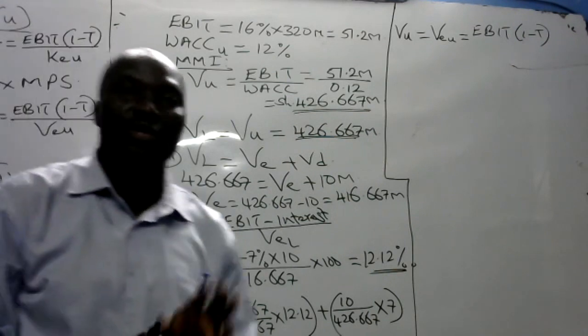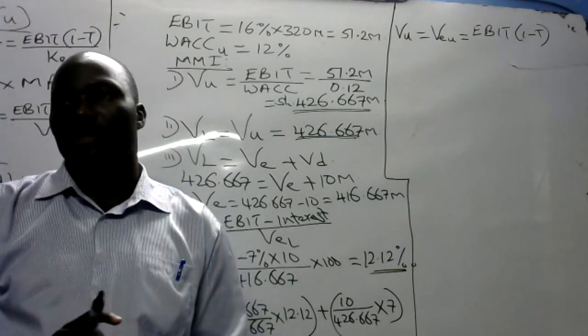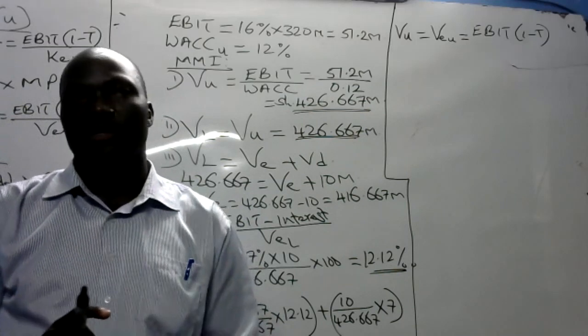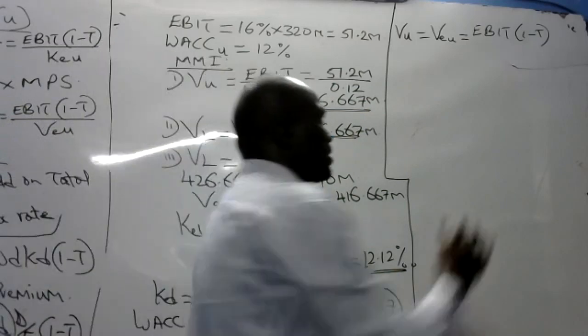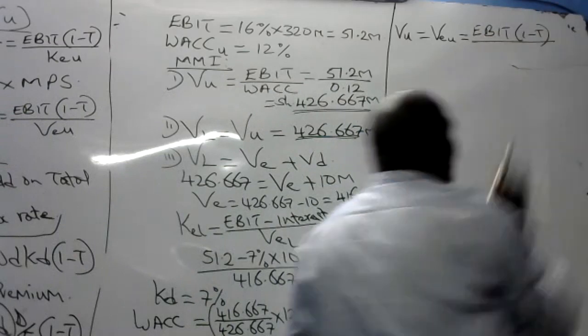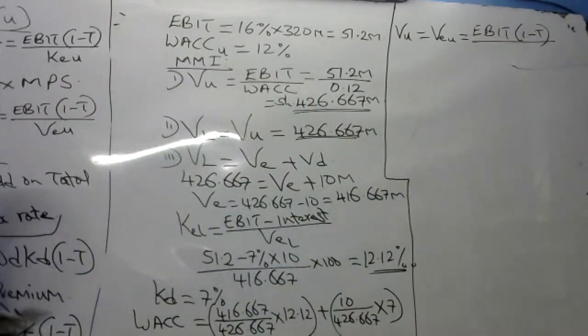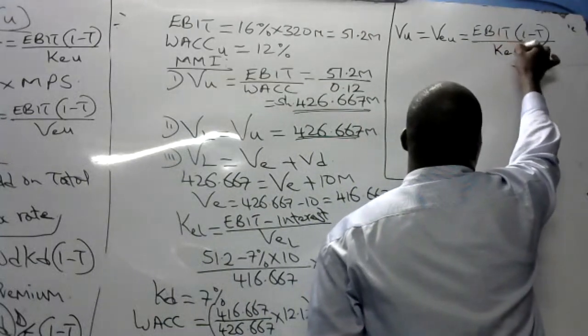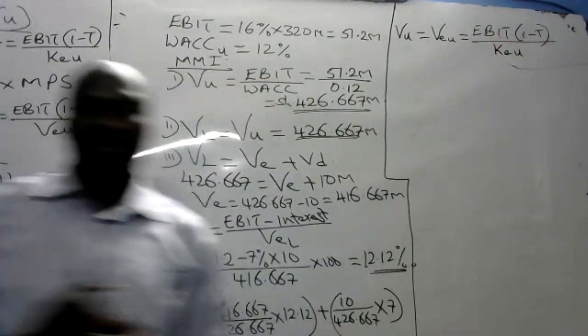Even making a mistake and laughing is okay. We learn from mistakes. So we divide by the cost of equity of the unlevered farm.